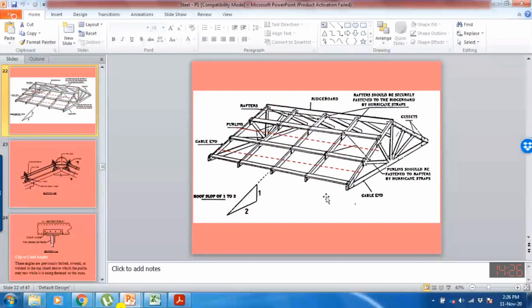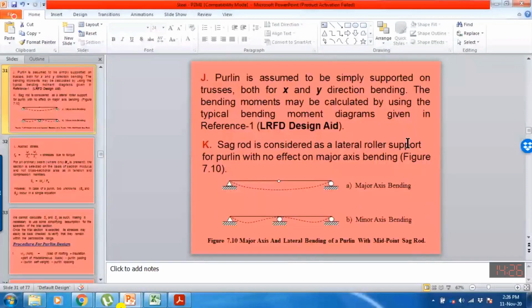The load acting in the downward direction will produce the moment about the x-axis, and the component acting in the lateral direction will produce the moment about the y-axis. Sag rods are also considered as roller supports or interior supports.